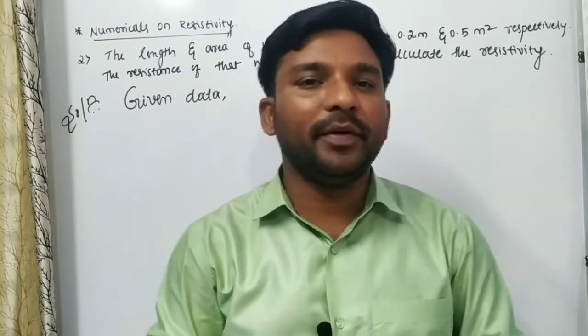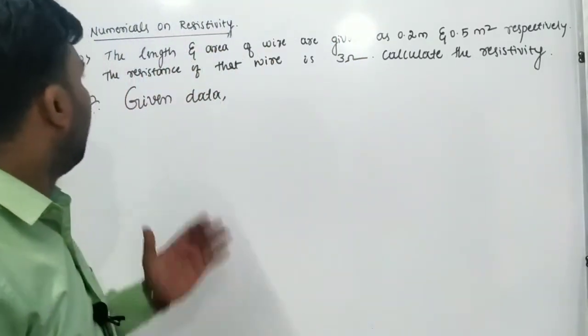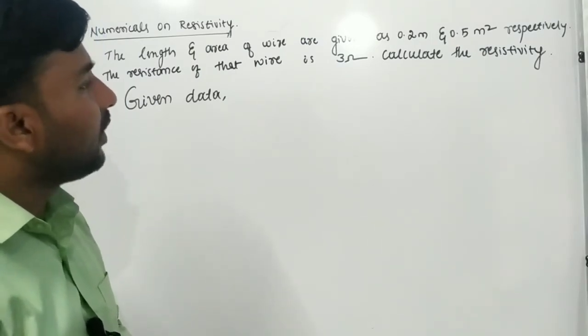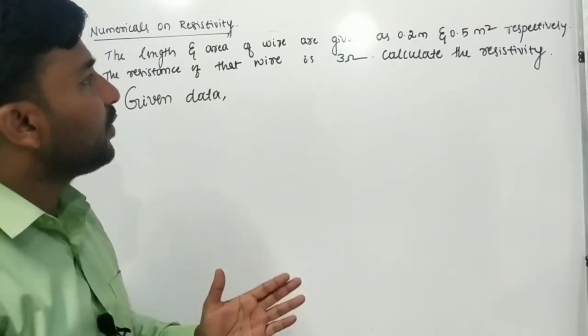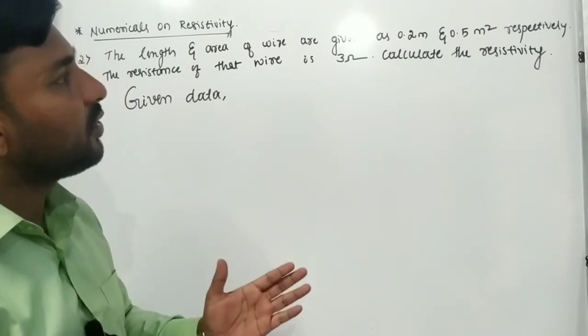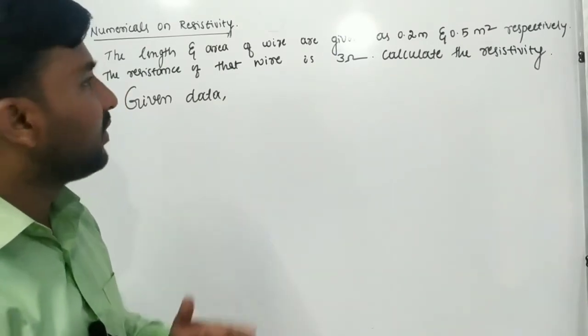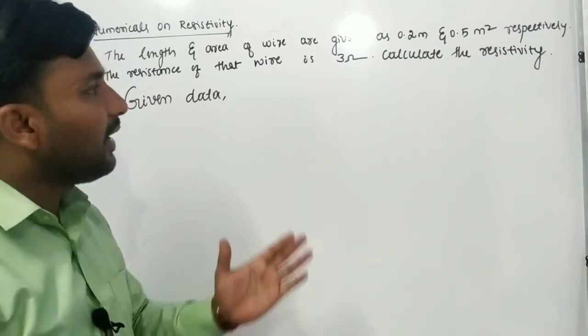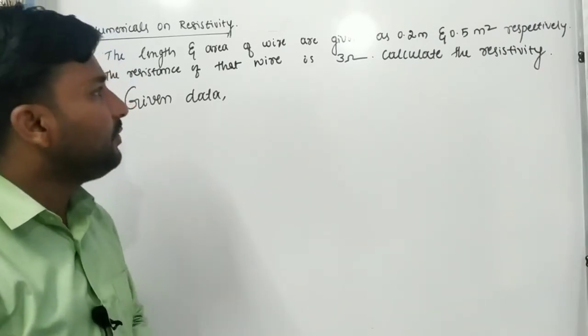The next problem is, the length and area of wire are given as 0.2 meter and 0.5 meter square respectively. The resistance of that wire is 3 ohm. Calculate the resistivity.